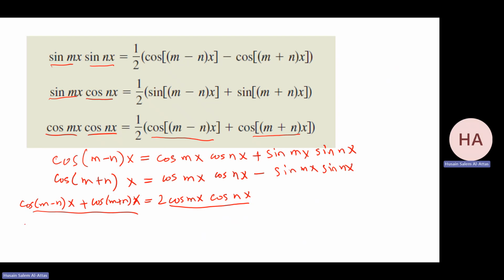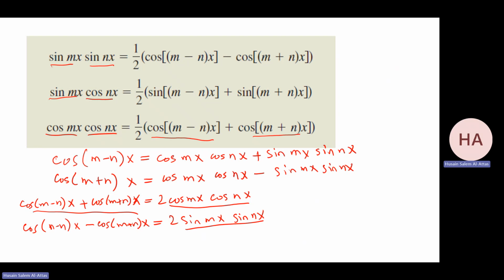And if we subtract them, you will get cosine (m minus n)x minus cosine (m plus n)x. This minus this, I have 2 sine mx sine nx. So if I want this, I need cosine the difference minus cosine the sum, over 2.